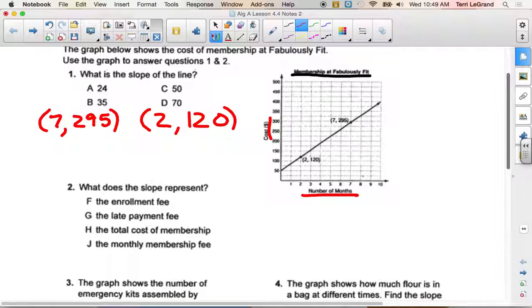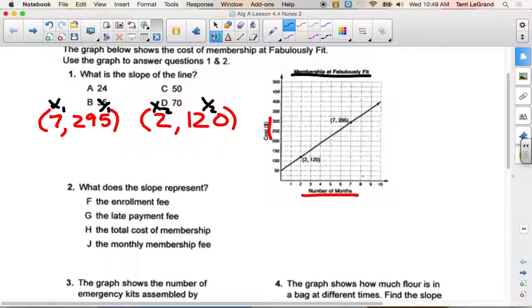Yeah. Is 120 a multiple of 25? No, that wouldn't work very well either. So we have to use the slope formula for this one. So let's make this one our x sub 1, y sub 1. And this one's going to be our x sub 2, y sub 2.